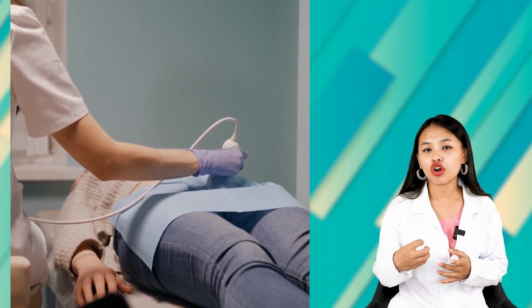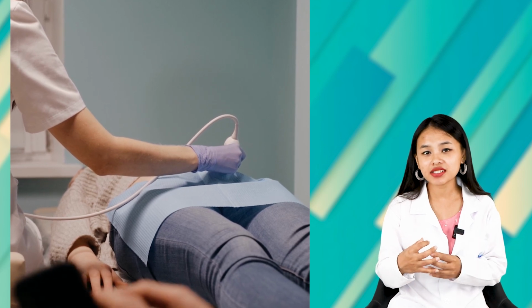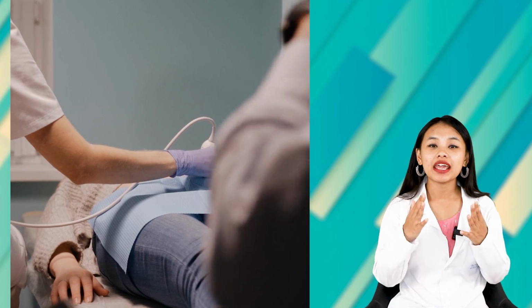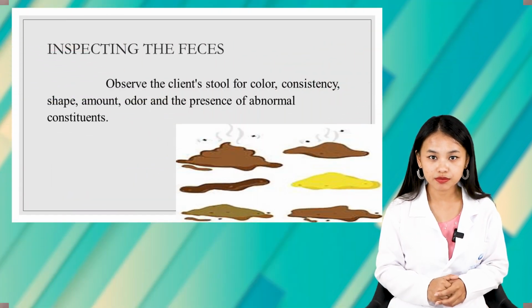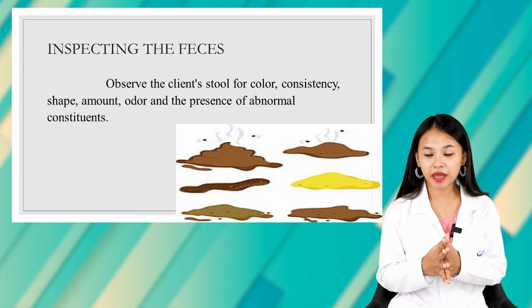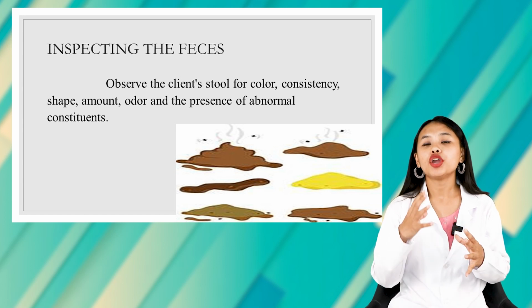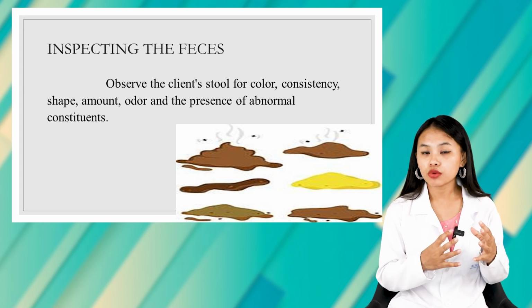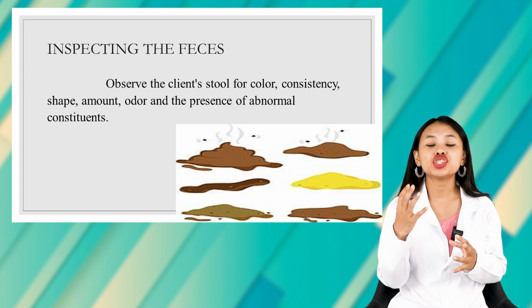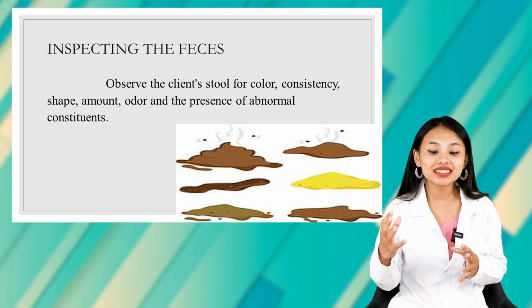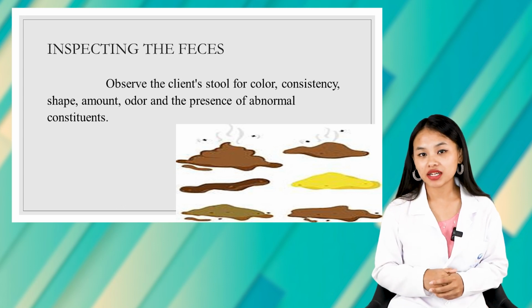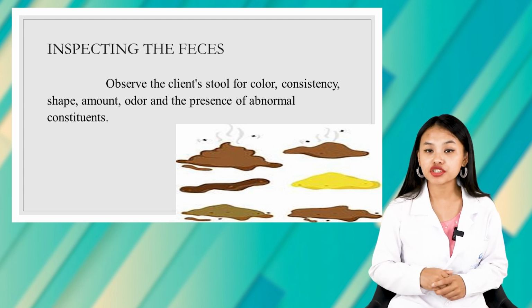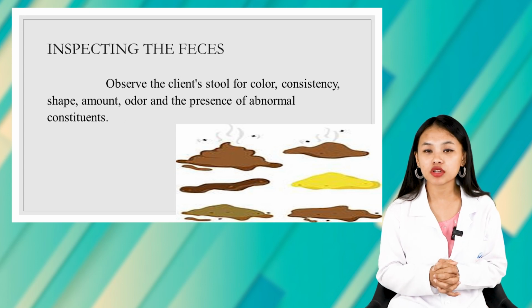When it comes to the examination of the rectum and the anus, you can perform inspection and palpation. You can also inspect the feces, where you will be able to note the amount, the odor, the shape, the consistency, as well as the presence of any abnormal constituents.